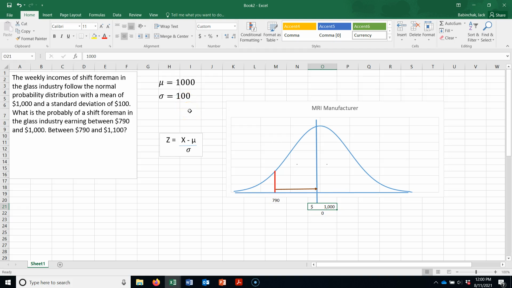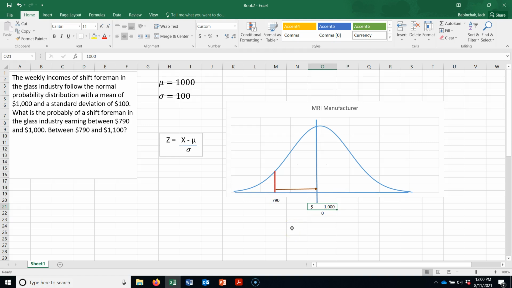So the mean weekly income for shift foremen is $1,000 with a standard deviation of $100. What is the probability of a shift foreman in the glass industry earning between $790 and $1,000?